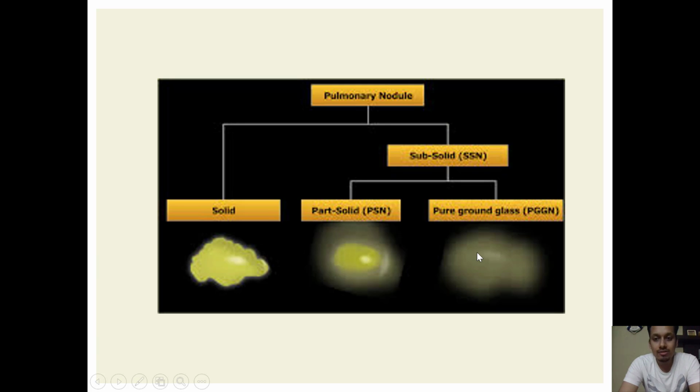So you can see the vessels running inside this cotton ball. And in between these two are the part solid, subsolid pulmonary nodules. This has a component of solid part and a component of ground glass opacities. The malignancy risk is obviously highest for the solid pulmonary nodule.